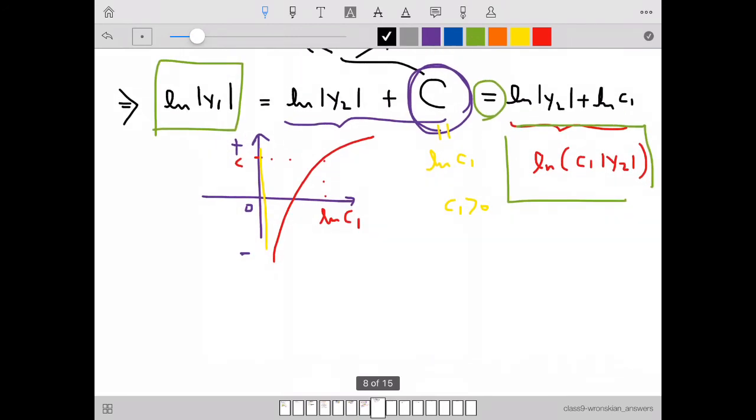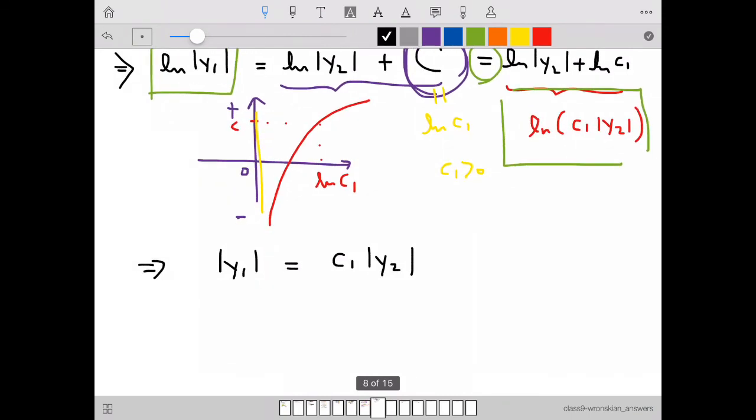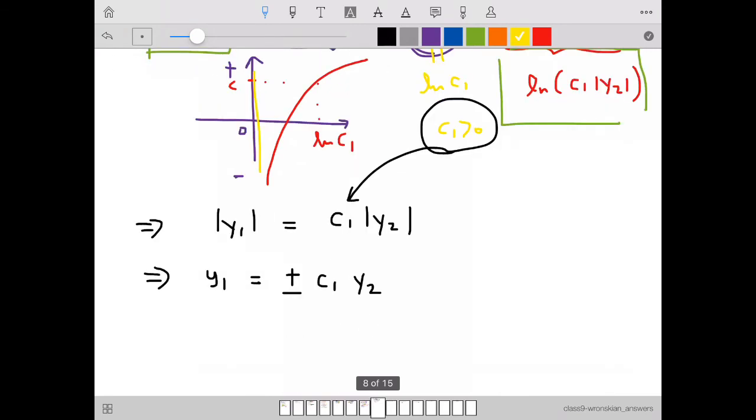By exponentiating, I get absolute value y1 equal to c1 absolute value y2, where c1 is positive. Then I get y1 equal to plus or minus c1 y2, by getting rid of the absolute values and collecting the plus and minus signs.